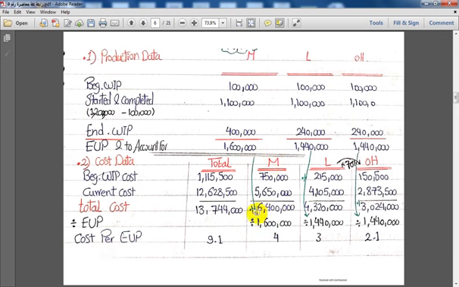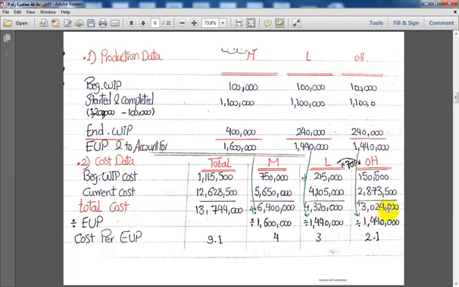Material, total cost of direct material 6,400,000 divided by equivalent units of direct material 1,600,000 equals 4. Labor, total cost 4,320,000 divided by 1,440,000 equals 3.